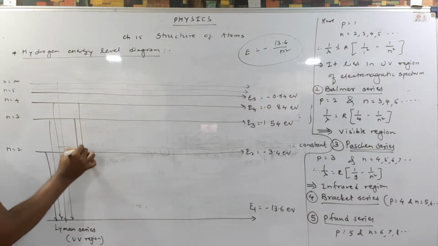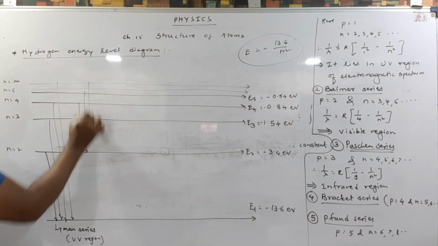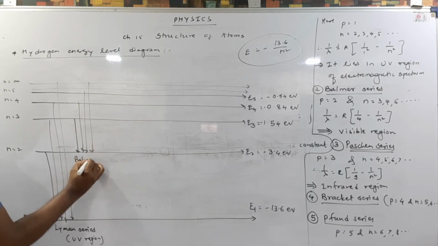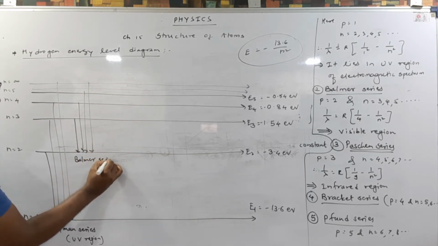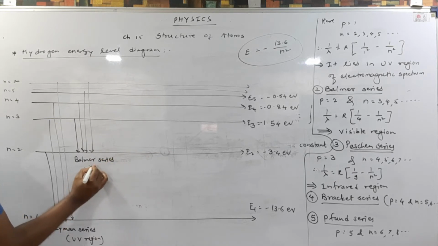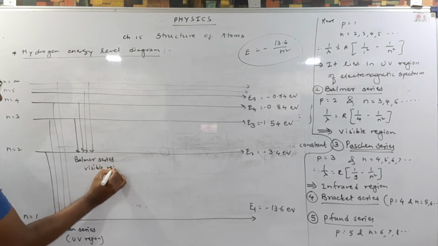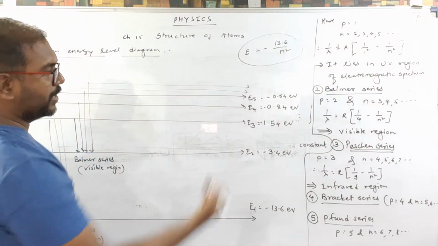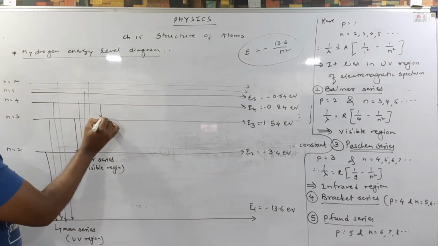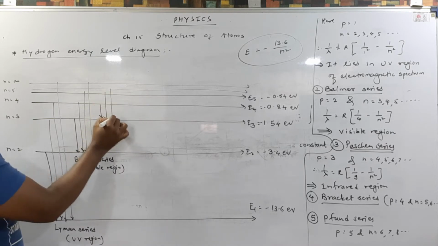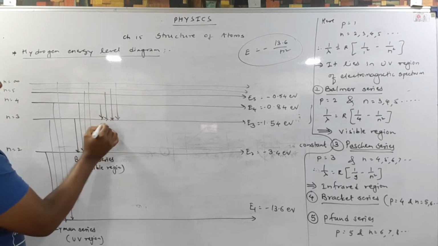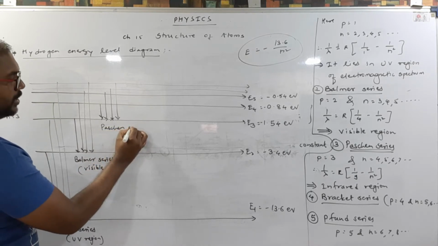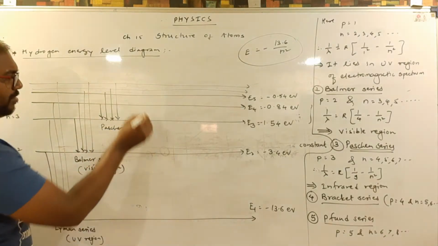When an electron jumps from an outer orbit to inner orbit 2, it is the Balmer series, in the visible region. Then third is the Paschen series. When an electron jumps from an outer orbit to inner orbit 3, it is the Paschen series, in the infrared region.